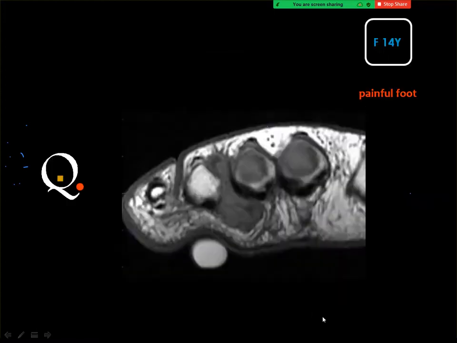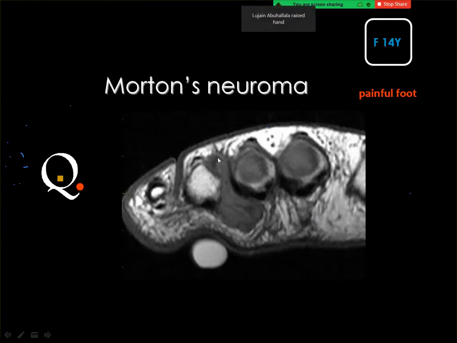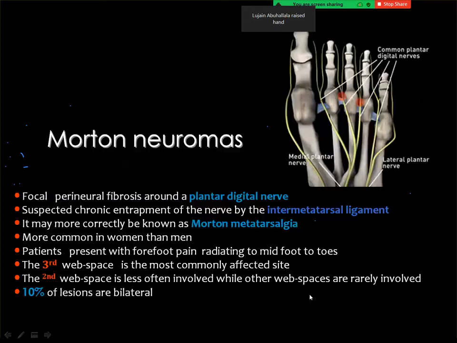Next case. Is Morton neuroma. Yes, and this is Morton neuroma, classic location, classic appearance, a dumbbell-shaped lesion, which is present in the third metatarsal space.